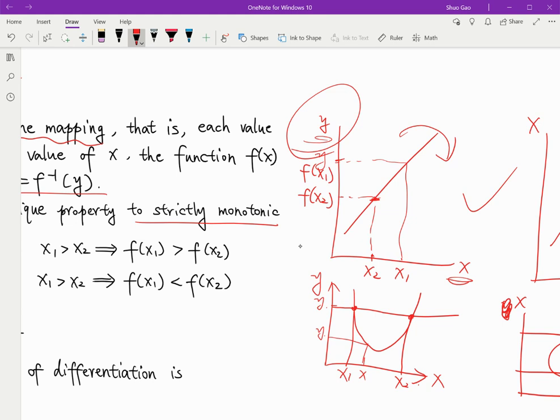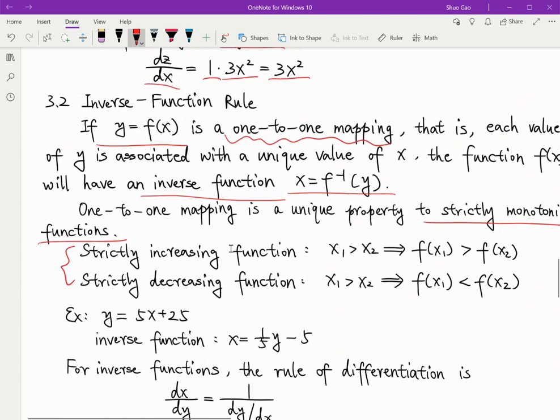When x1 is larger than x2, that means x increases, so f(x1) should also be larger than f(x2). So as x increases, the y value should also increase. This is called a strictly increasing function. It's strictly larger than here.